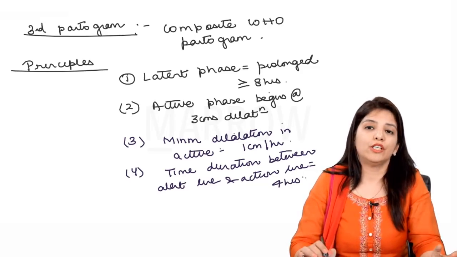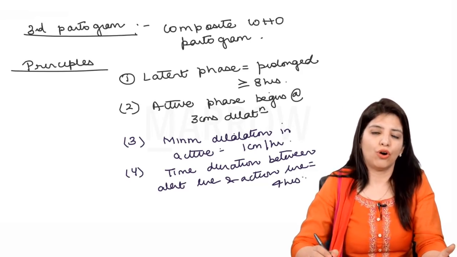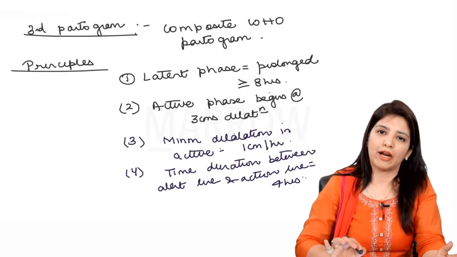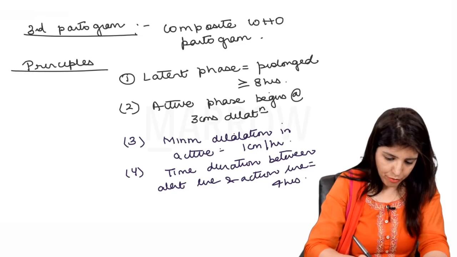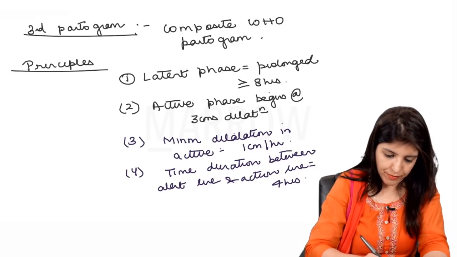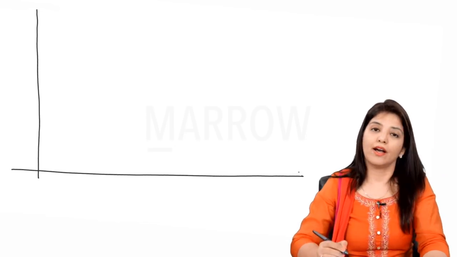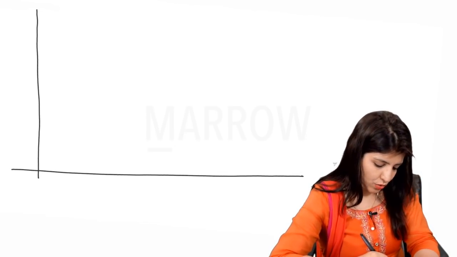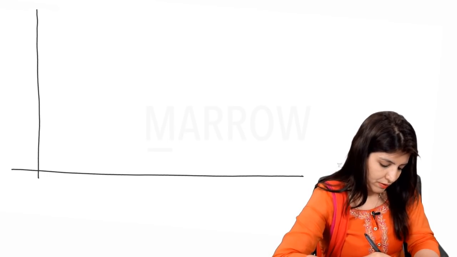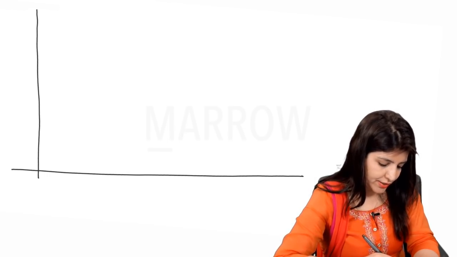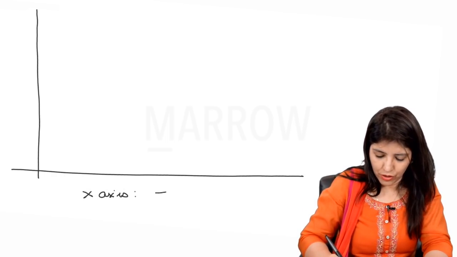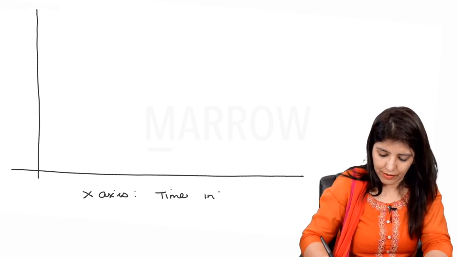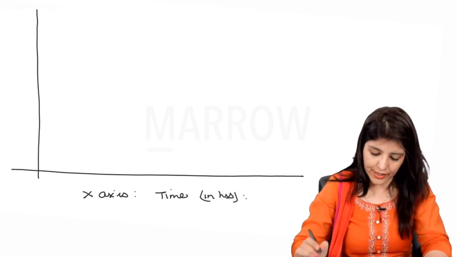So based on these 4 principles, now we are going to draw the WHO's composite partogram. Clear? Now, very, very important, you should know how to draw this partogram. Again, on y-axis, we are going to take dilatation of the cervix, and on x-axis, we are going to take time in hours, right?